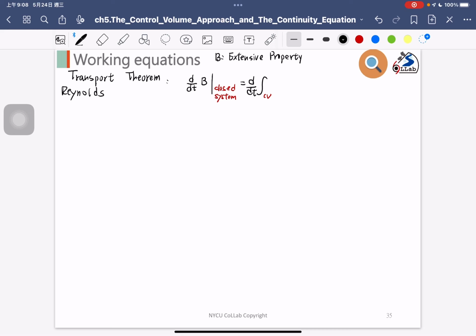What kind of property do we need to integrate? We have the small b, multiplied by the density inside the control volume, and we integrate over all the volume in the control volume domain.